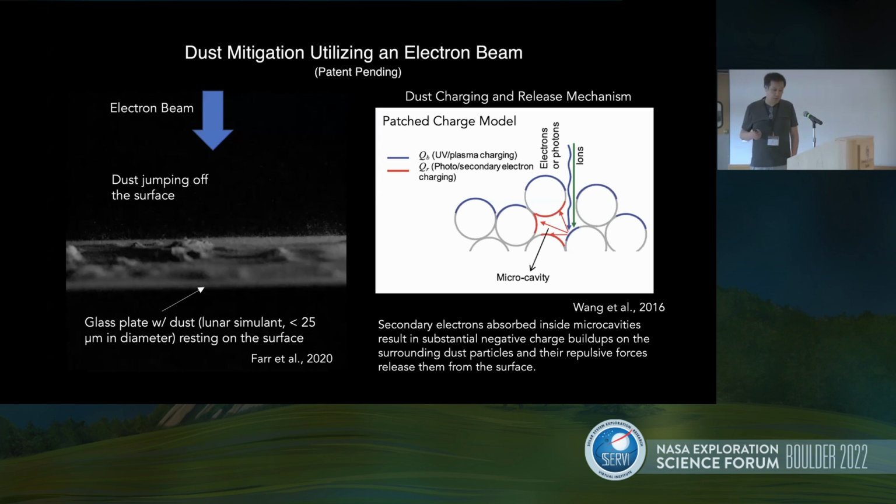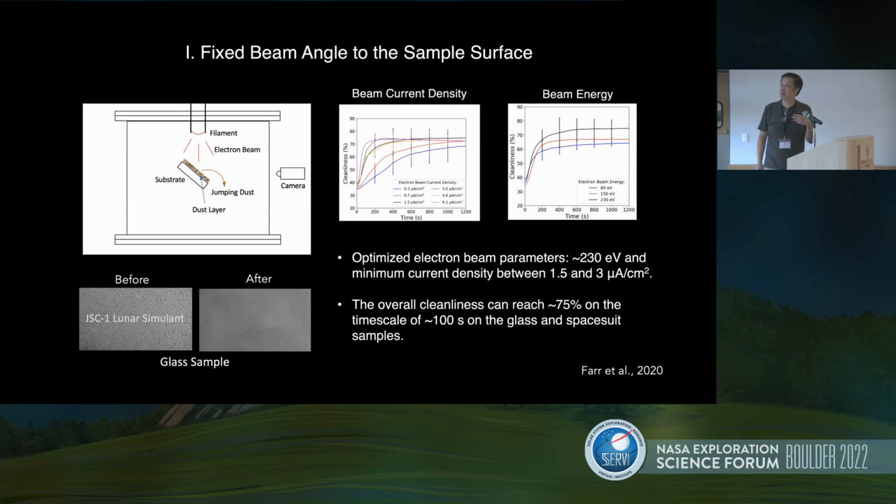In 2020, we did our first experiment to demonstrate the feasibility and efficiency of this technology using the electron beam. On the left, it shows the experimental setup. We have a beam from the top shooting down to the dust-covered surface, and at the bottom it shows before and after.